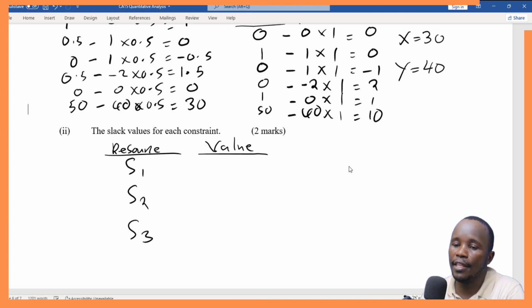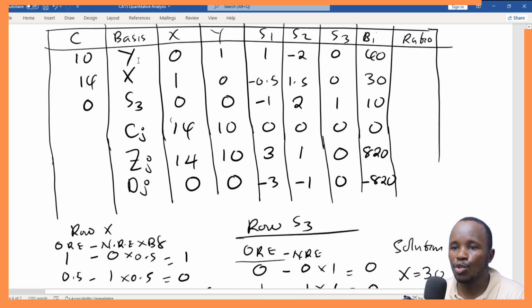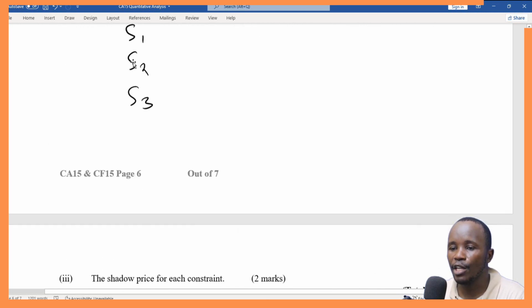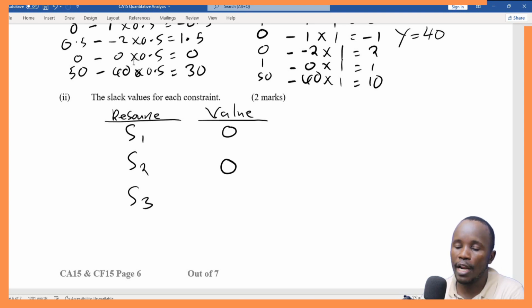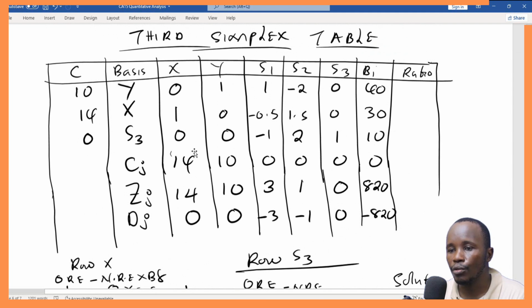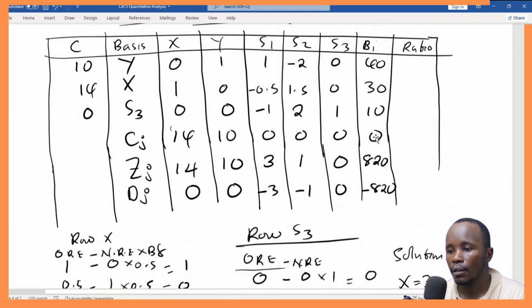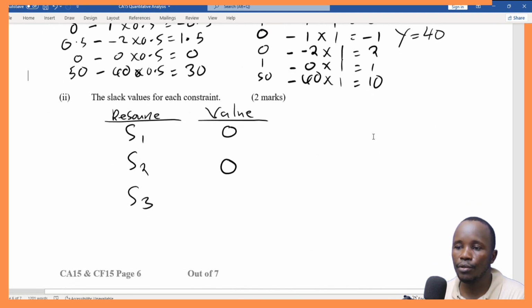S1 was replaced by Y. So the value is 0. It was replaced by Y. S2 the same. What happens to S3? S3 at the end it had a value of 10. You can confirm this.